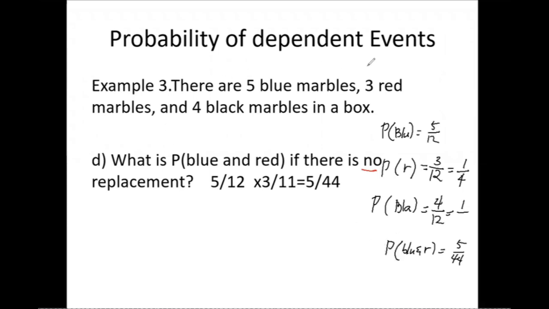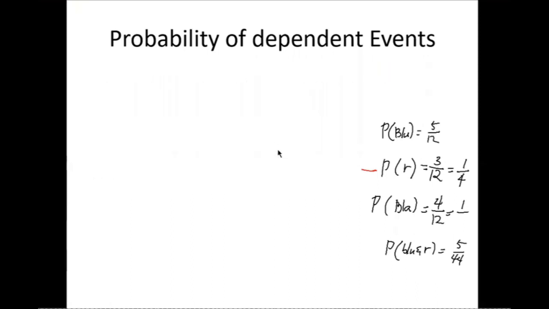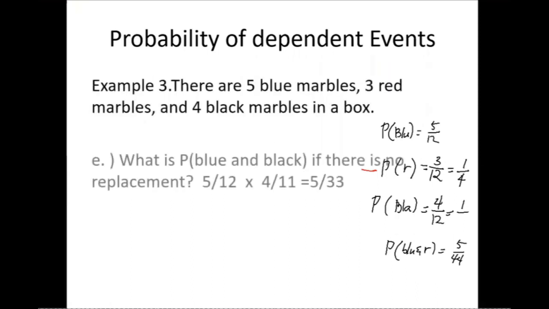Next. What is the probability of blue and black if there is no replacement? So sa blue and black naman ay 5 over 12 yung ating blue at yung ating black ay 4 over 11 dahil dun sa no replacement.